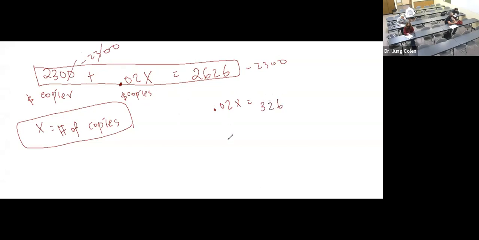And then we can divide both sides by 0.02, and x is? What's 326 divided by 0.02? It's the same as multiplying by... 16,300. That's how many copies you made.